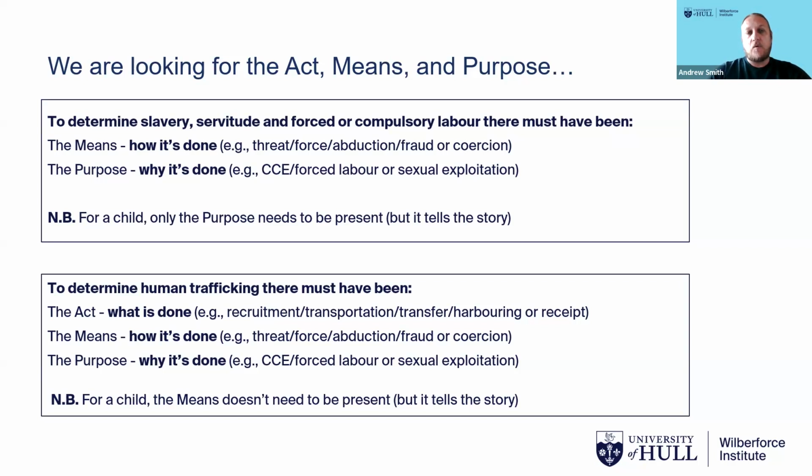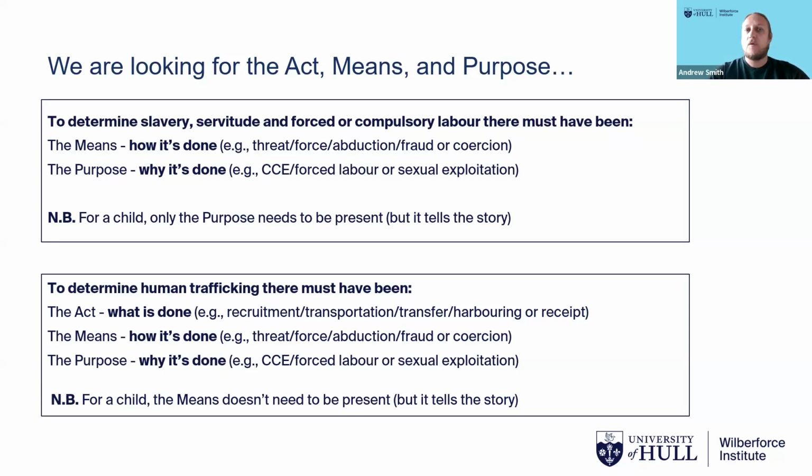So how it's done, was it by threat, force, abduction, fraud, coercion, etc.? Was somebody threatened into a situation through an imbalance of power whereby any other reasonable person in a similar situation would also find themselves in?